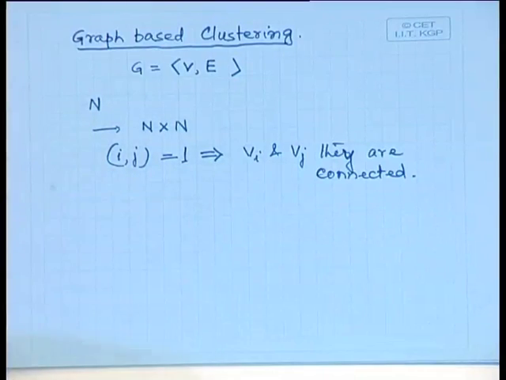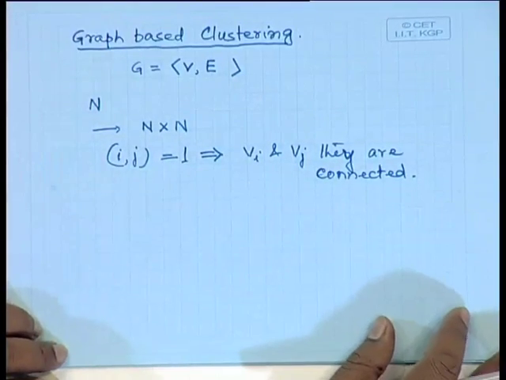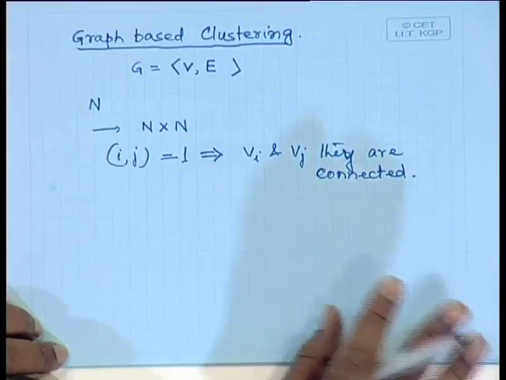So, when I go for clustering using this similarity matrix, what can be done is, I can take a row in this similarity matrix which has the maximum number of ones. That is, the maximum number of feature vectors are put into a single cluster. Okay.